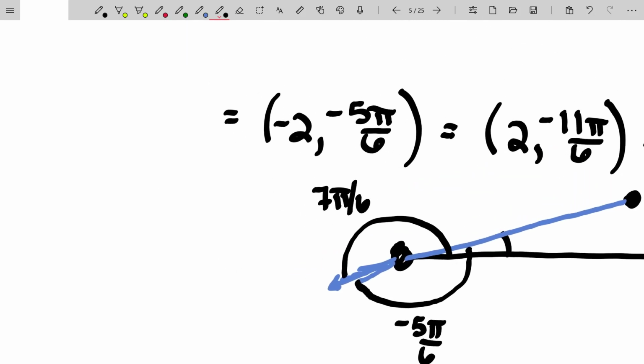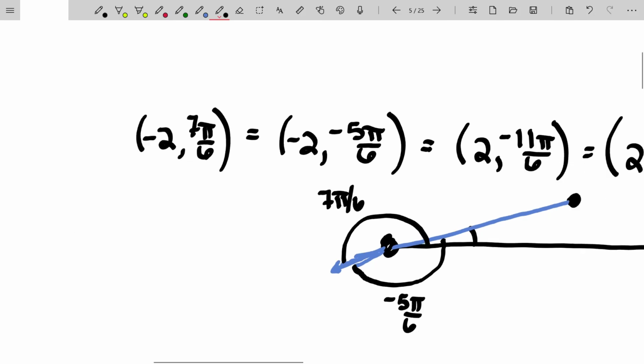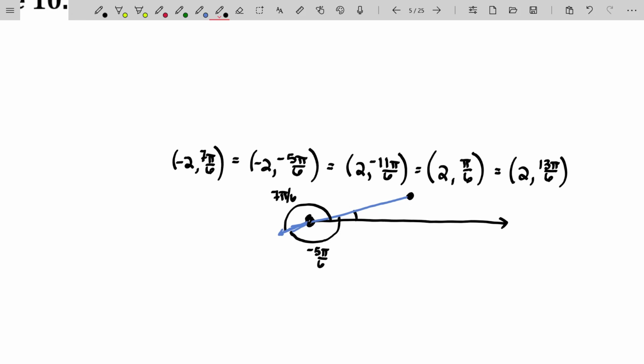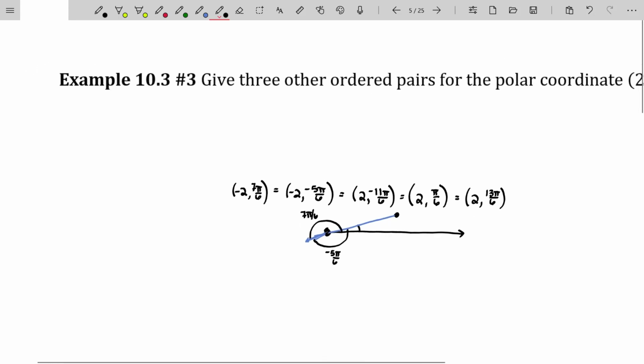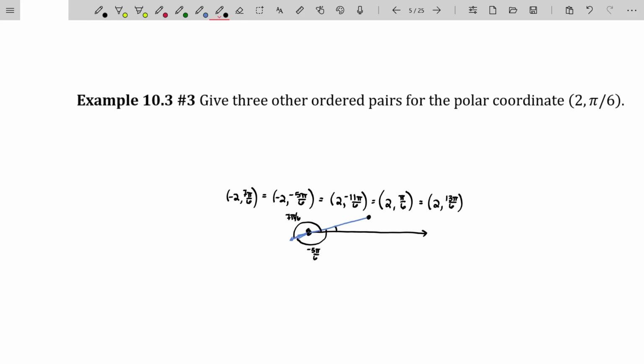So again, backwards 2 units, but you're facing 7 pi over 6. So there are 4 representations right there, but there's actually an infinite number of representations for a point in polar coordinates. I know I've driven that home. I'm just making sure you are well aware.